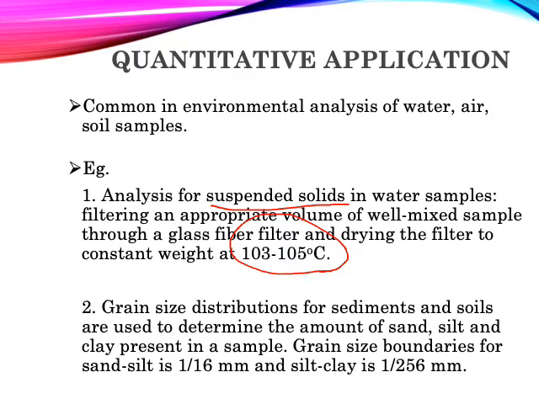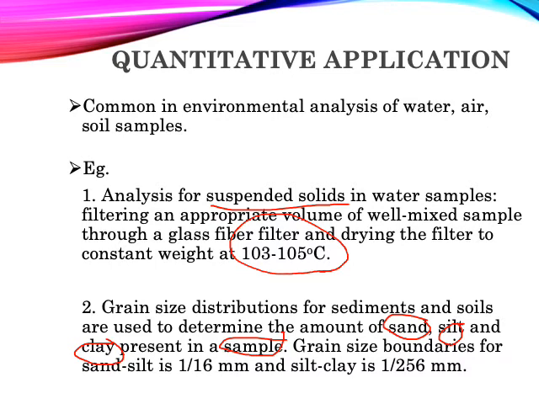Then grain size distribution for sediments and soils is used to determine the amount of sand, silt, and clay present in a sample. Okay, for example, you have a sample of soil. You want to determine the distribution of the sediments and soil, whether the sample has sand, silt, or clay. So you need to filter them out according to their size.